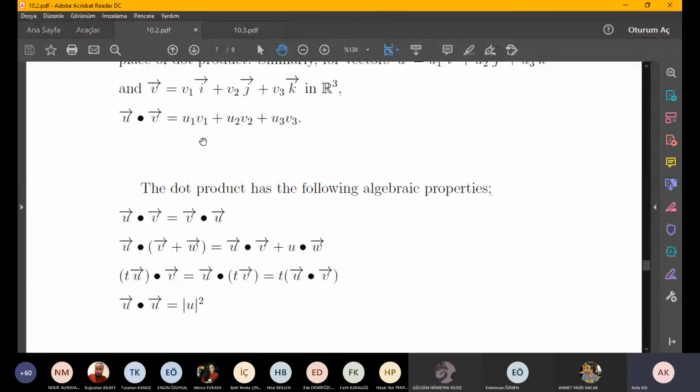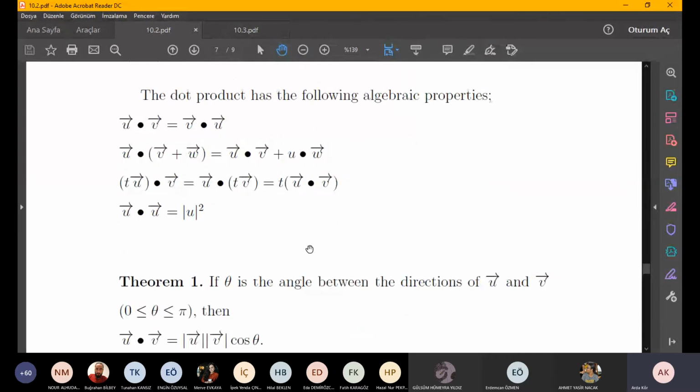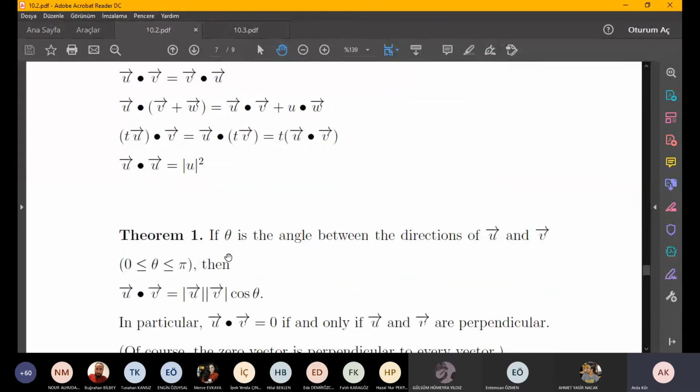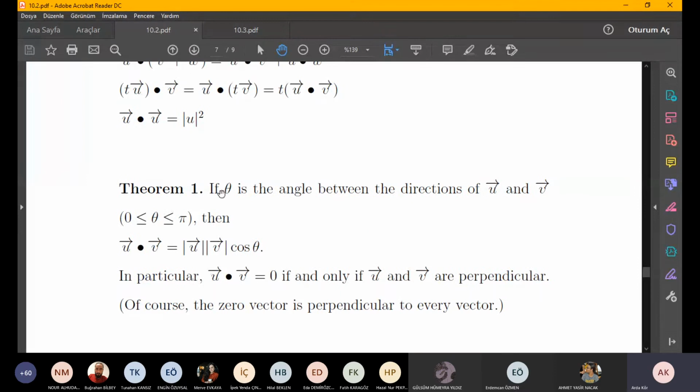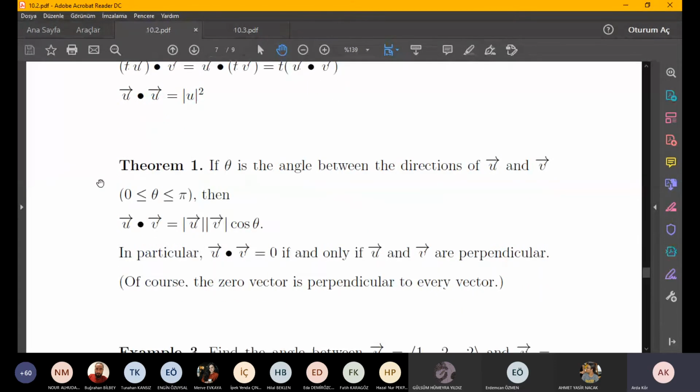For example, for two-dimensional space, they find such a sum. So that is why they need to express such a multiplication that you can define in any n-dimensional space, where n is greater than or equal to 2.